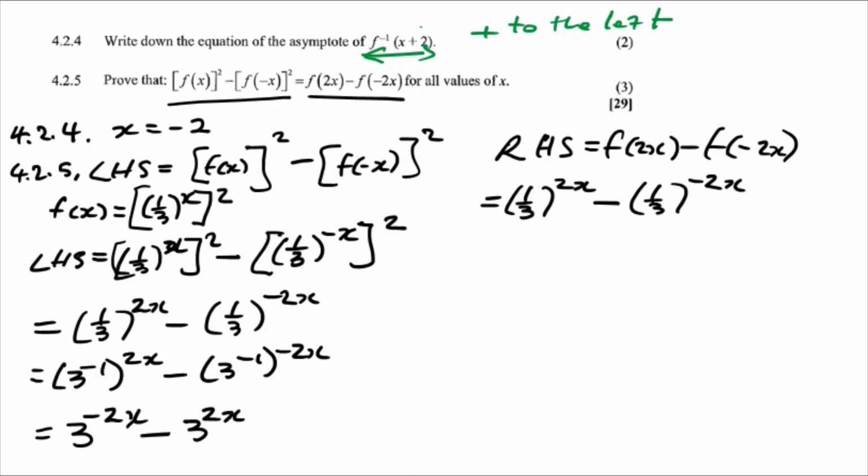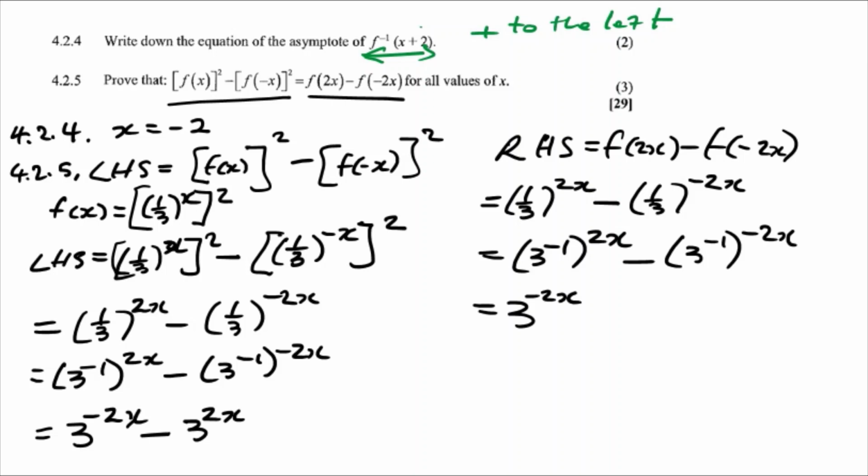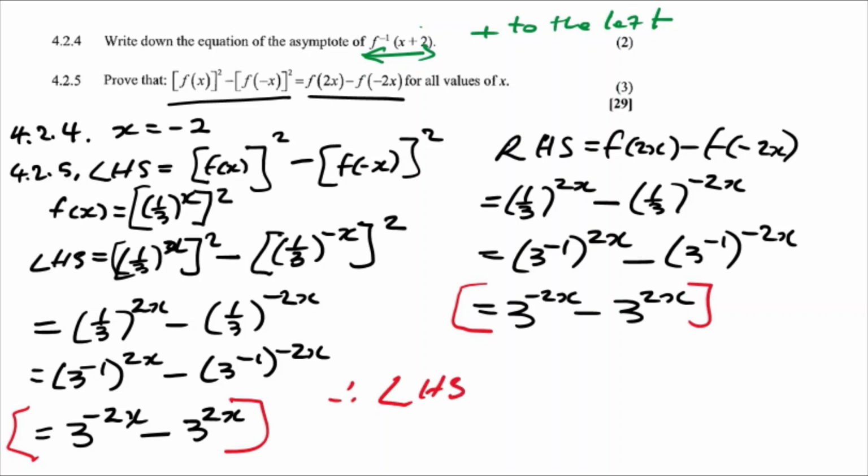Now this is 3 to the exponent negative 1 to the exponent 2x minus 3 to the exponent negative 1 to the exponent negative 2x, which simplifies to 3 to the exponent negative 2x minus 3 to the exponent 2x. And if you look at the two expressions over here, the left hand side is equal to the right hand side.